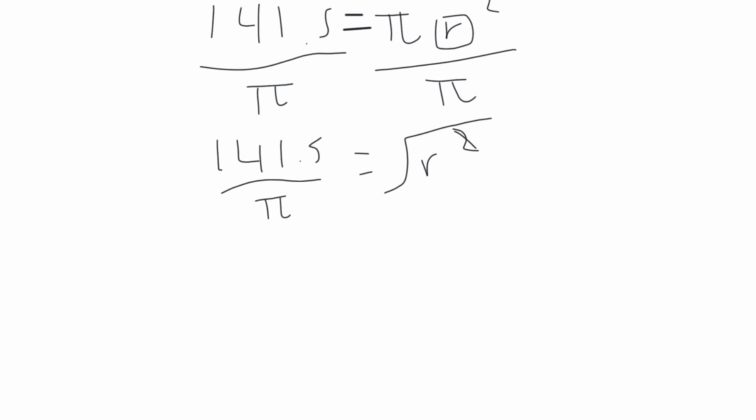Then we have to also square root this side, meaning the square root of 141.5 divided by pi is equal to the square root of r squared, which is just r.